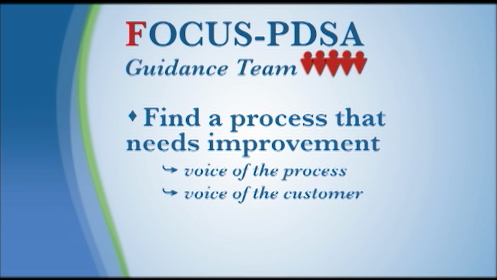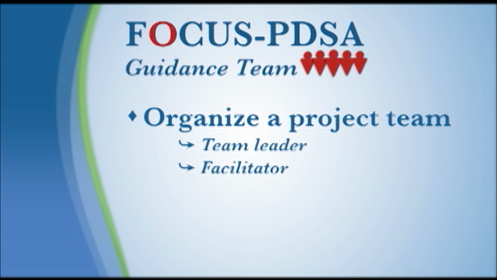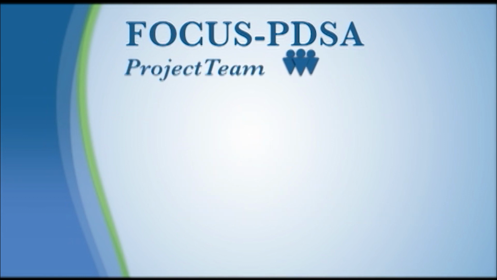Once you've found a process that needs improvement, the Guidance Council organizes a team. They name a team leader. They select a facilitator. They identify team members. More important, in this formal structure, it's the job of the management group, the Guidance Council, to generate an aim or a mission statement. At that point, the focus shifts to the project team.